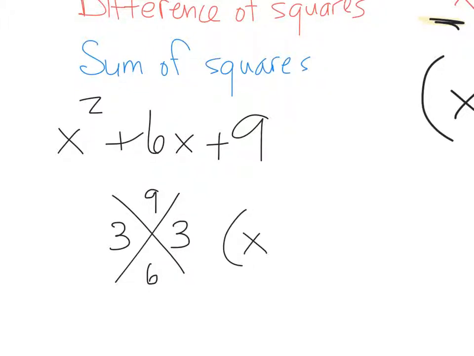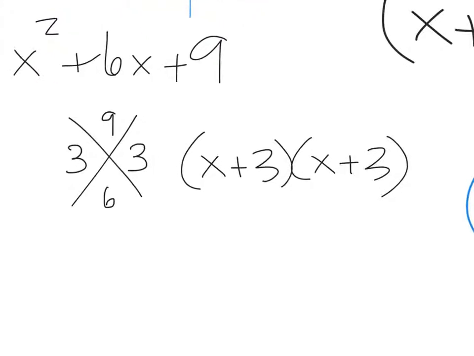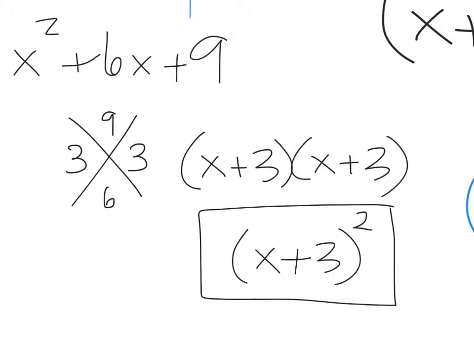So this is going to be an x plus 3 factor and an x plus 3 factor. Okay? Which, in mathematics, we don't like to be redundant. So rather than having an x plus 3 twice, we say that is just x plus 3 squared. And that is the most correct way to write the factorization of x squared plus 6x plus 9.